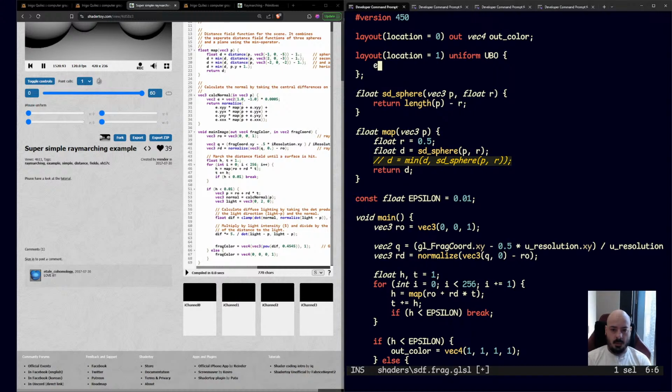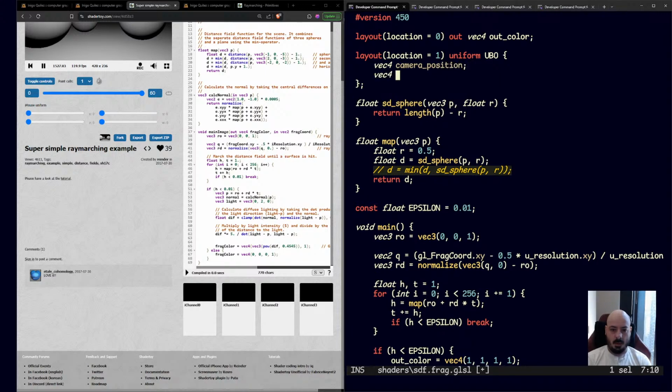And we're going to have a vec4, which is the camera position, and a vec4, which is the resolution. The vec4 is just because of the spacing. I'll probably add some other fields to the W component and to the Z and W for this one, but for now this is fine. So this should be u_resolution and u_cameraPosition.